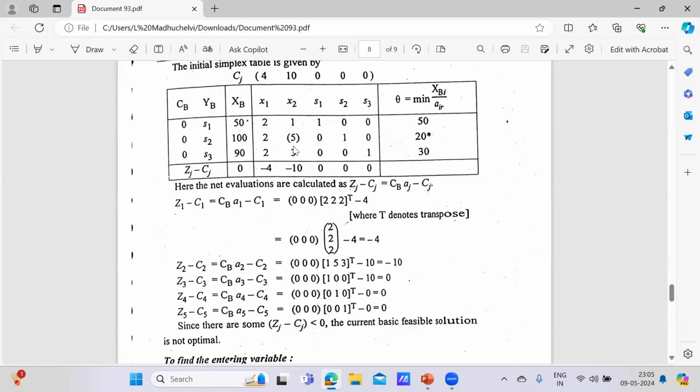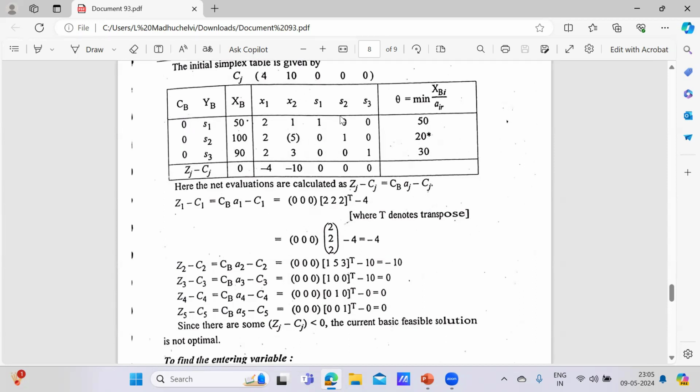Like that for x2, 0 into 1 plus 0 into 5 plus 0 into 3 gives 0. Cj is 10, so 0 minus 10 gives minus 10. Then for s1, 0 into 1, 0 into 0, 0 into 0, totally 0. 0 minus 0 is 0.